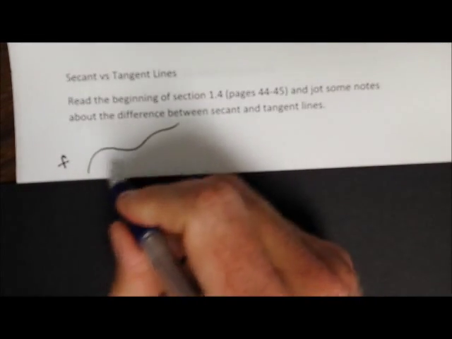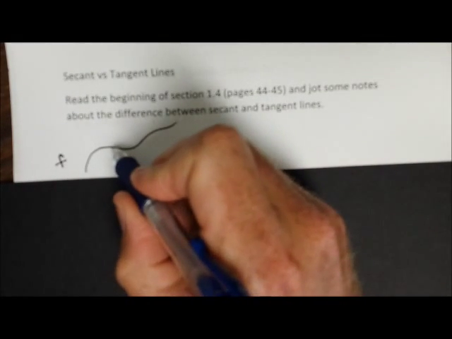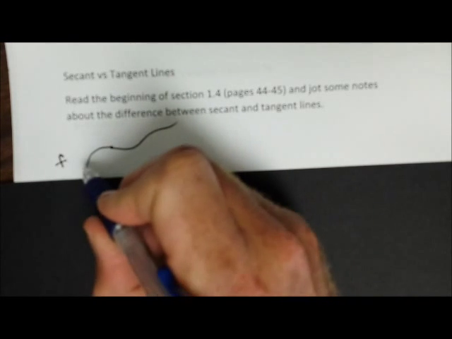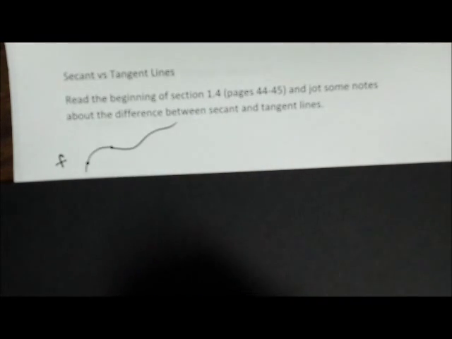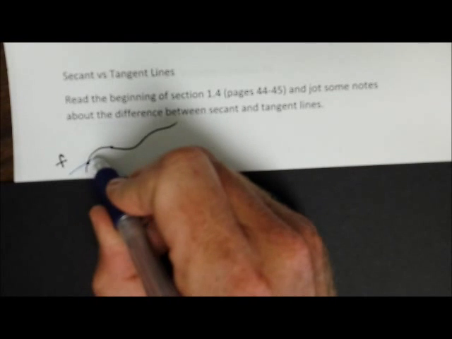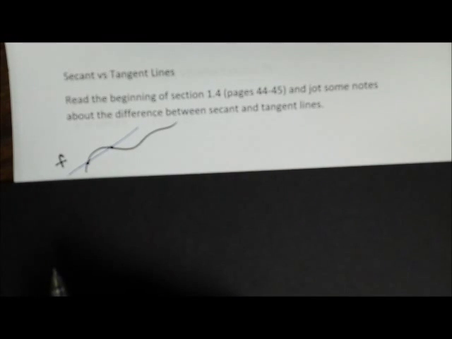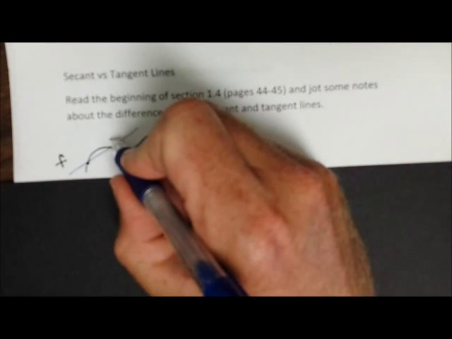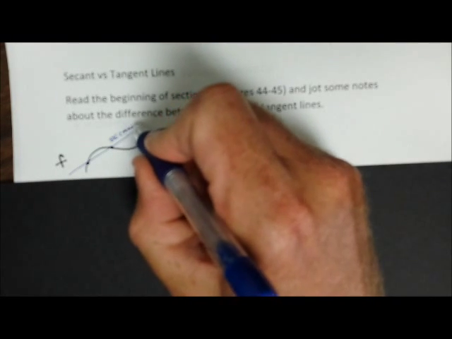So a secant line intersects a curve in two spots. For instance, let's just say that line, because it touches the curve in two spots, that would be our secant line.